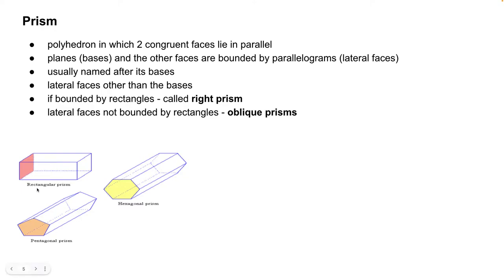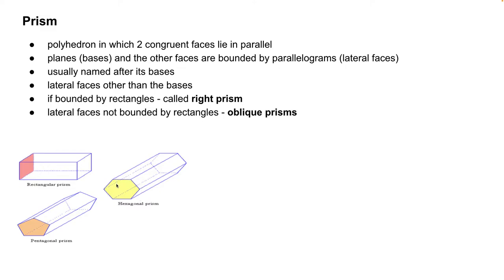They are parallel. Okay? And how do we name the prism? It depends on the shape of the bases. So for this one, we have a base of rectangle, so it is called a rectangular prism. How about this prism? We have two faces, so two bases, that are shaped like a hexagon.